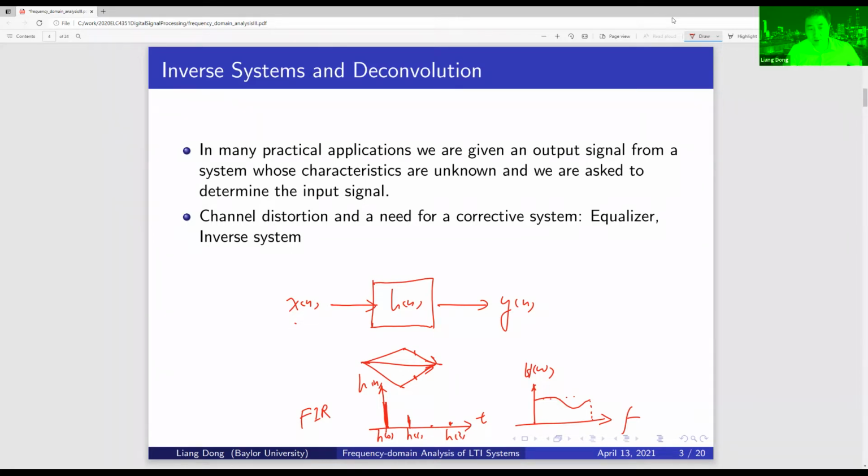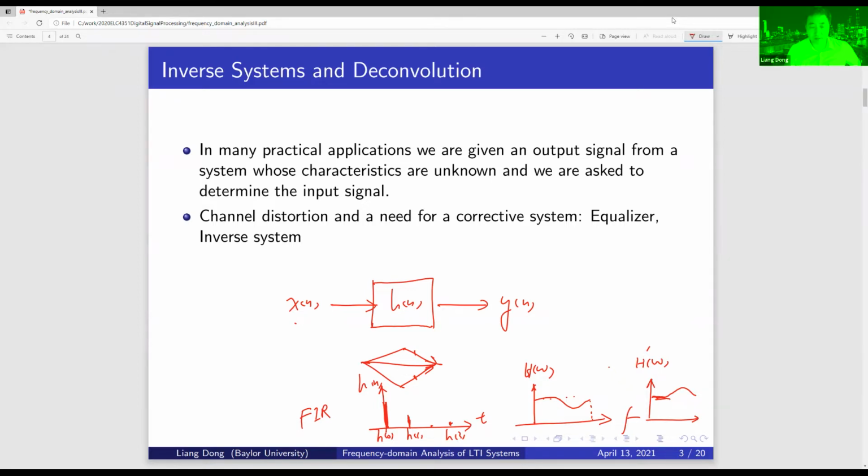And then what we want is an equalizer. Now this equalizer, let me call it H prime of omega. The effect is, let me just draw this way, H prime multiplied by H gives a flat line across all frequencies.